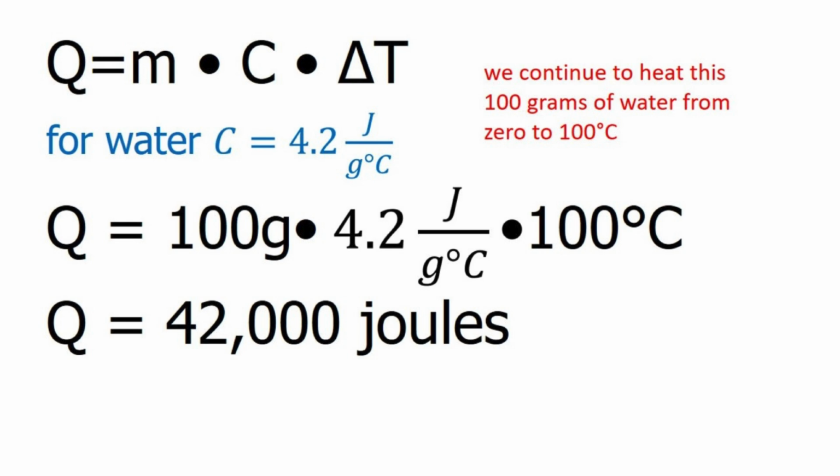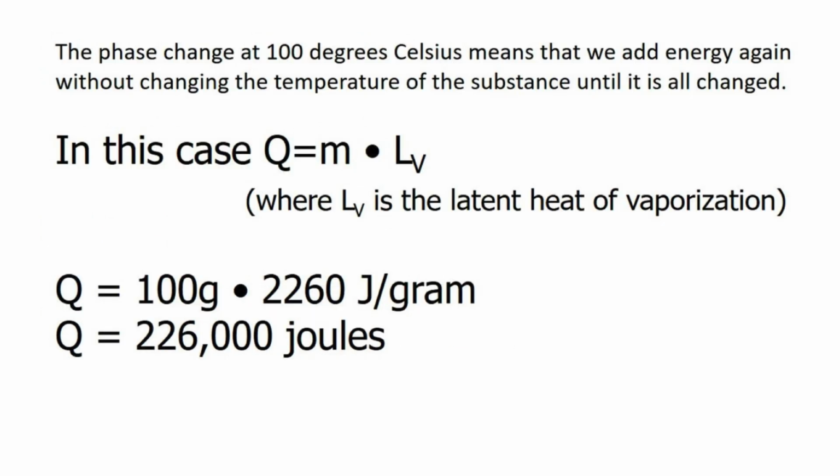The phase change at 100 degrees C is actually a little bit more energetic. You'll recall the latent heat of fusion was 334 joules per gram. The latent heat of vaporization is 2,260 joules per gram.